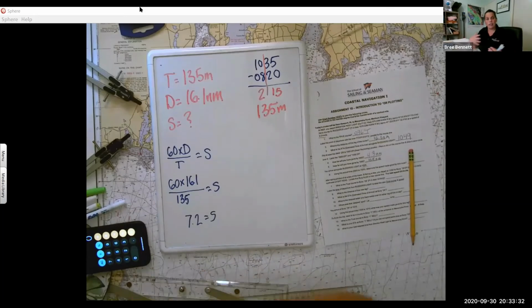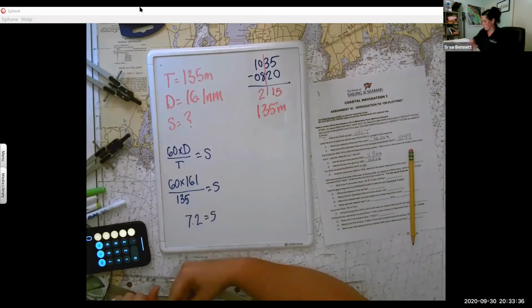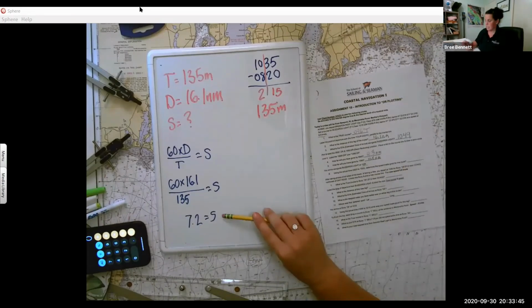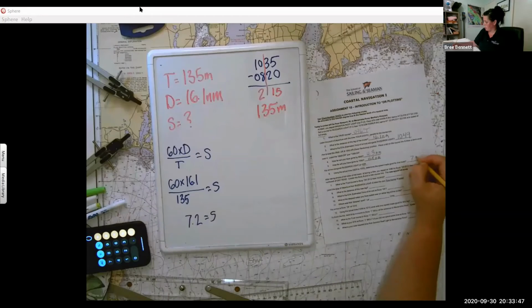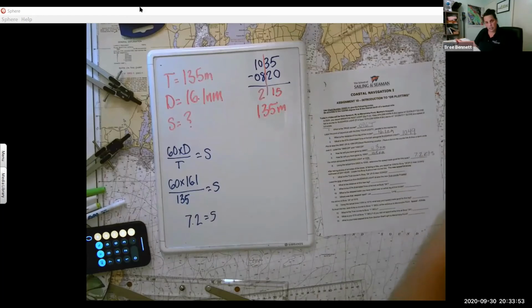If we get a different number, then we'd want to recheck our math. So we looked at the two numbers and I could see, yes, I think I've gone faster than 6.5. Let's calculate it out. So we got 7.2 knots. Okay, any questions so far?